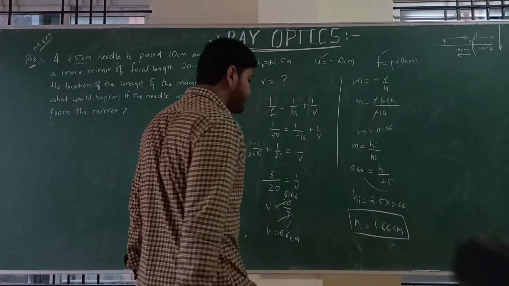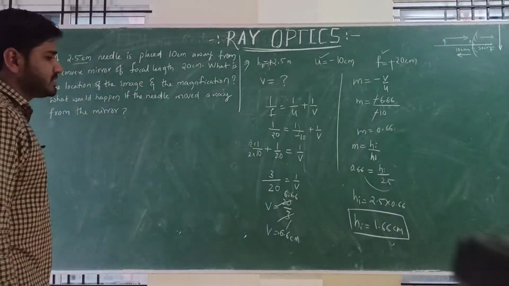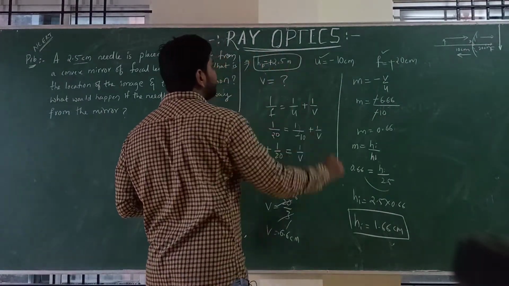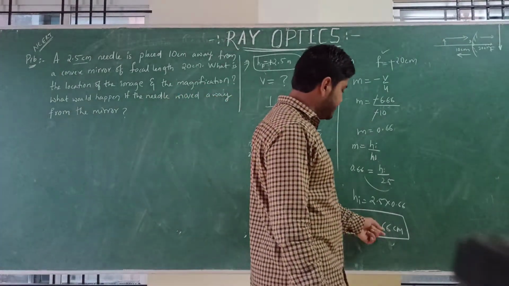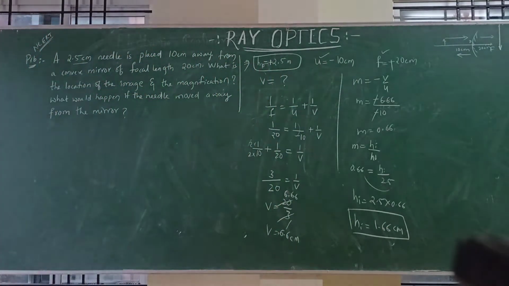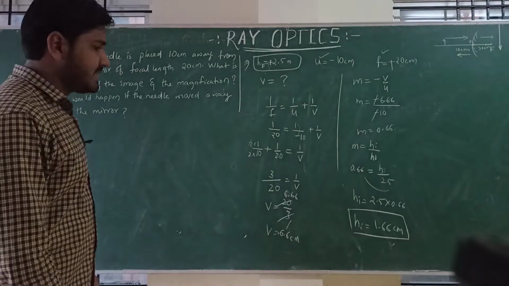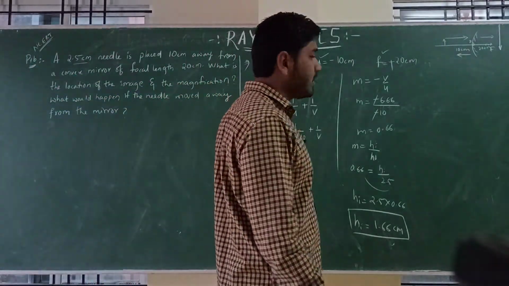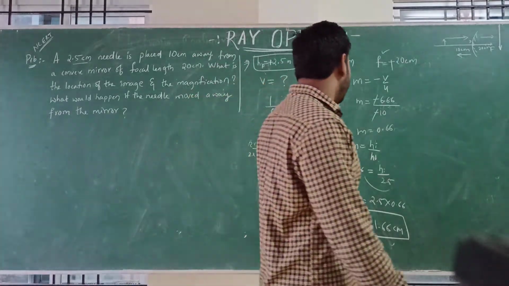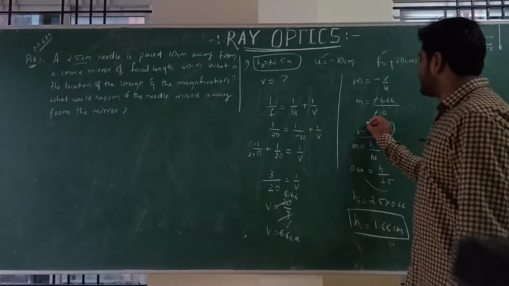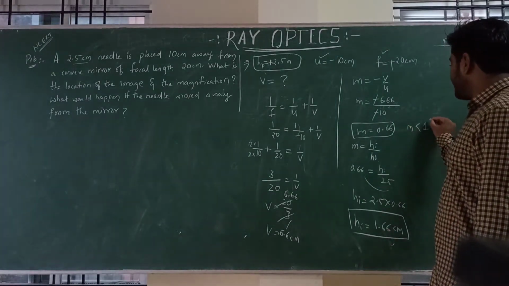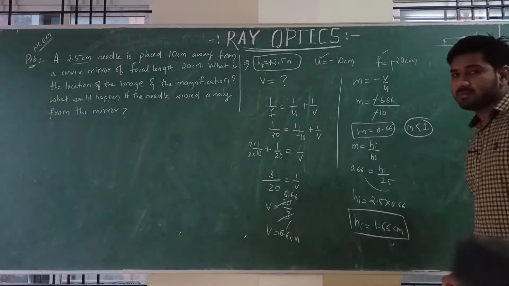Now just see height of the image and height of the object. Height of the object was 2.5 centimeter, height of the image is 1.66 centimeter. So therefore height of the image is less than height of the object, or height of the object is greater than height of the image, right? So see here also we have got m less than 1. Yesterday I said in the class, whenever you get m less than 1, what will be the conclusion?